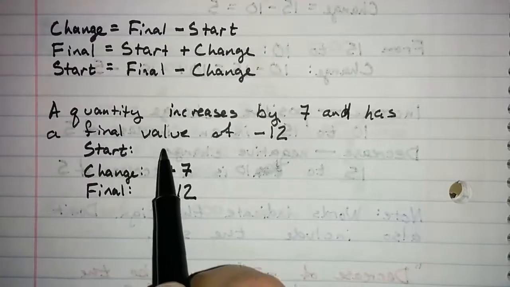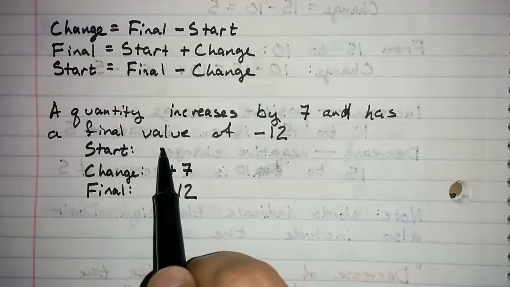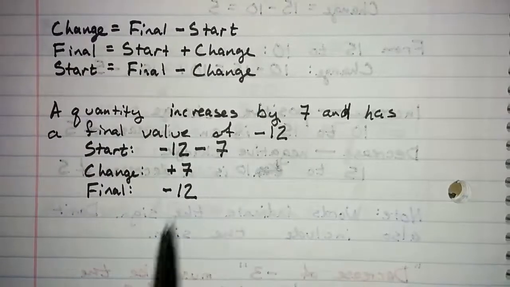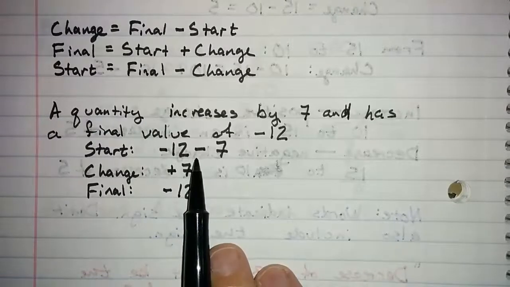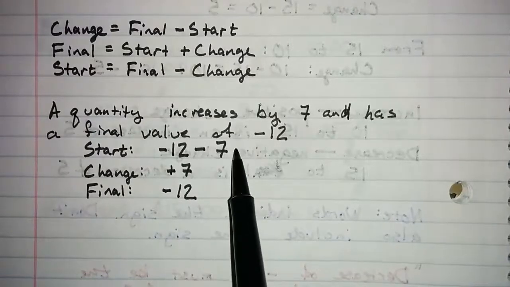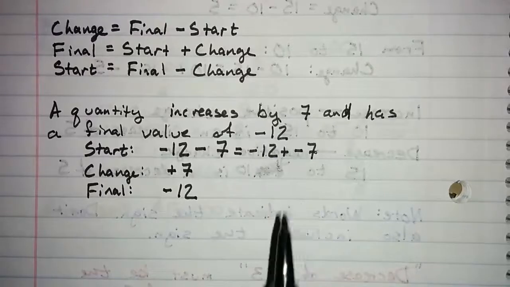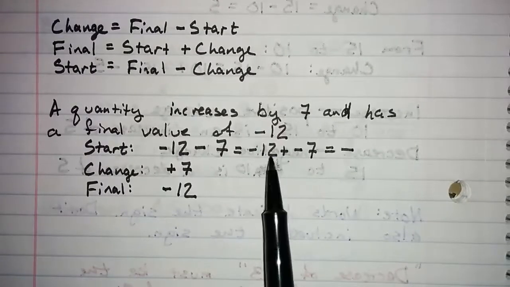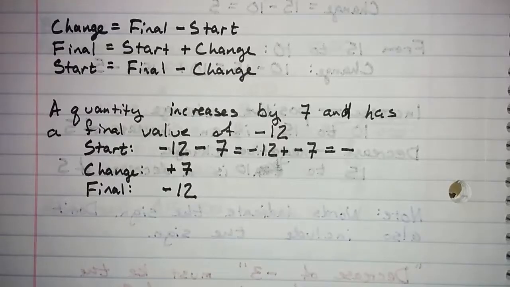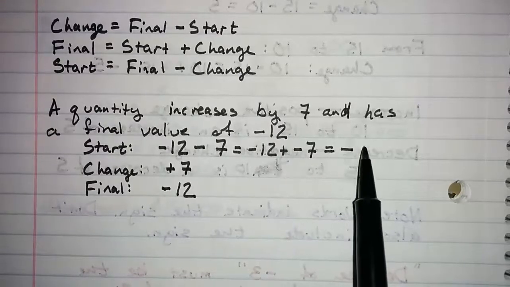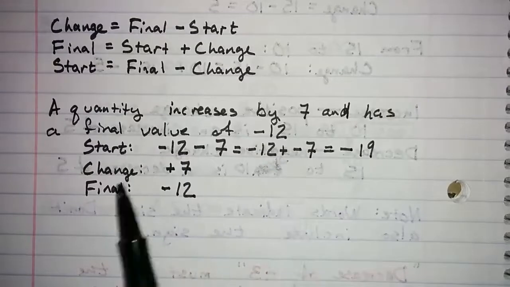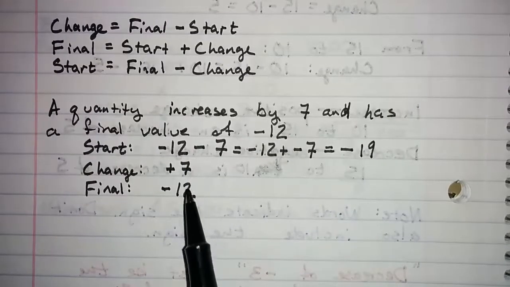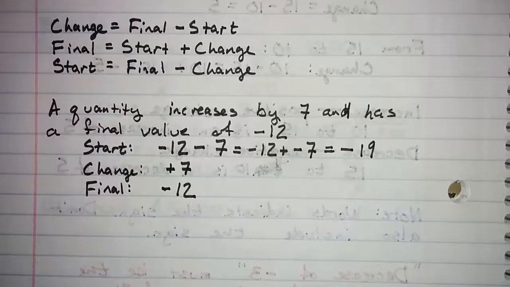We know that the starting value is equal to the final value minus the change, rewriting this subtraction as adding the opposite. These are both negative. The answer is going to be negative, and since they have the same sign, we want to add. 12 plus 7 is 19. We must have started at negative 19 if we increased by 7 and ended up at negative 12.